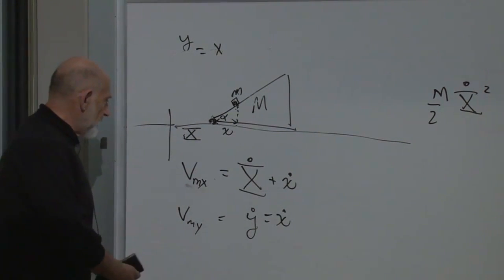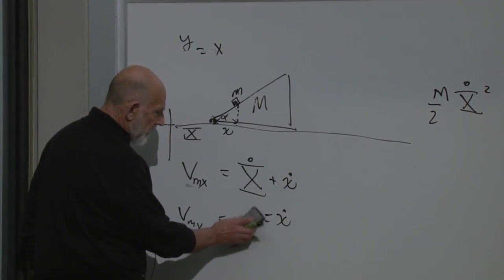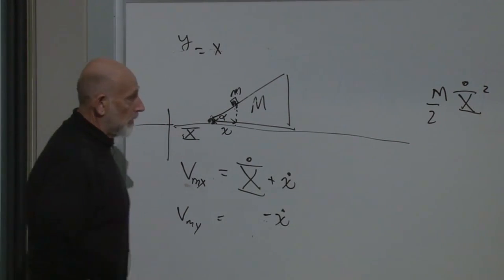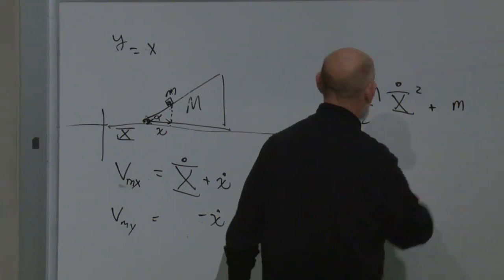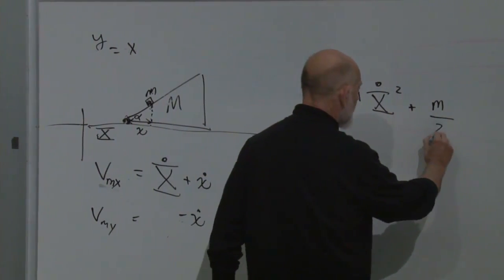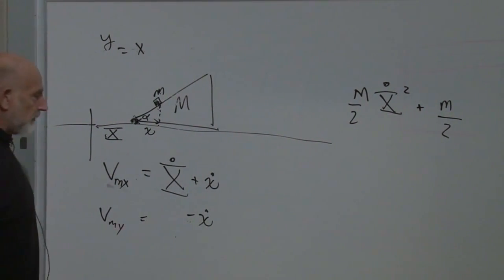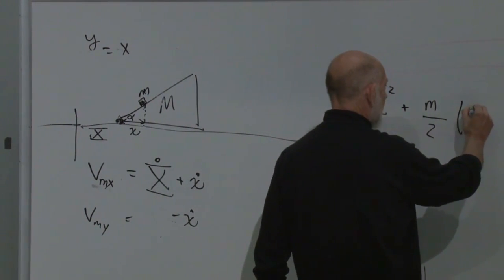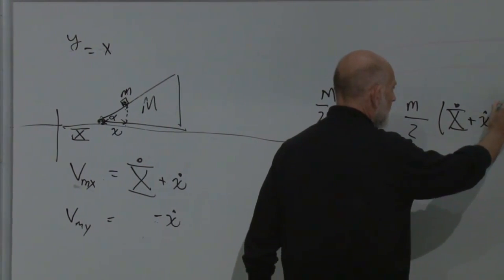Okay, so now we have the components of velocity of the particle, and we can write the kinetic energy of the particle. 1/2 m, little m, standing for the particle mass over here, over 2, and then the x component of velocity squared, that's capital X dot plus little x dot squared.